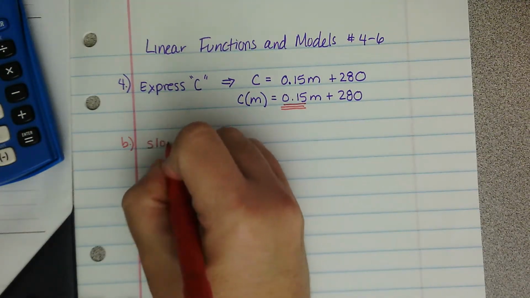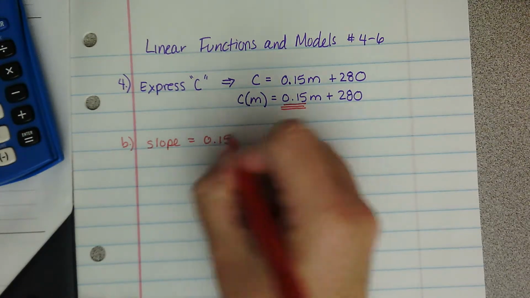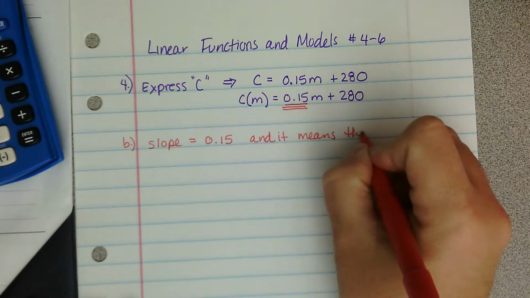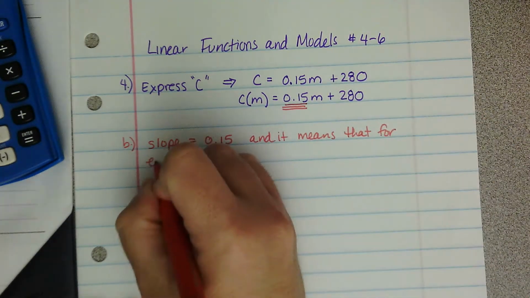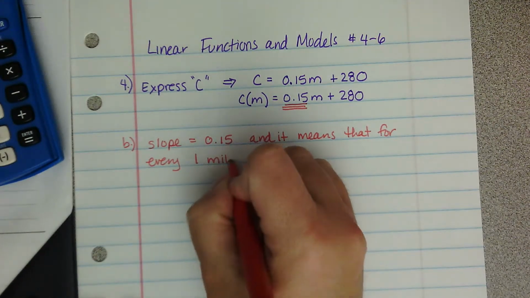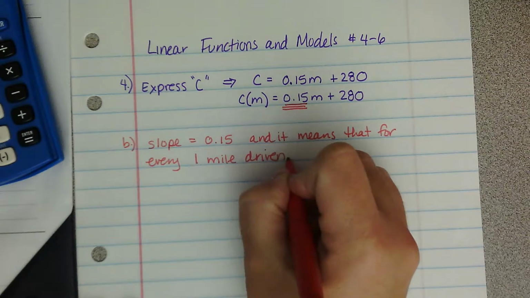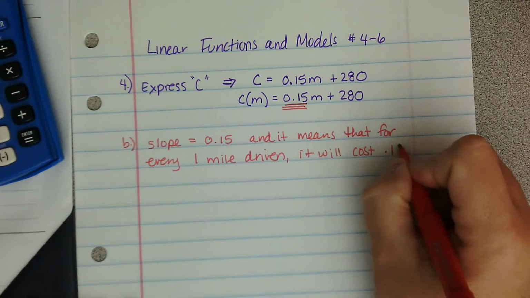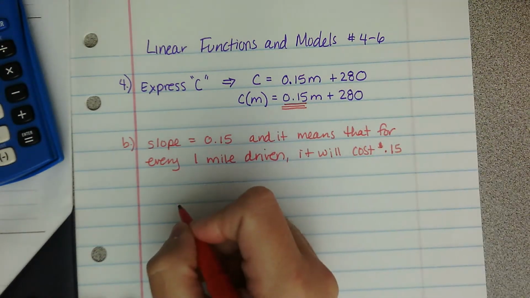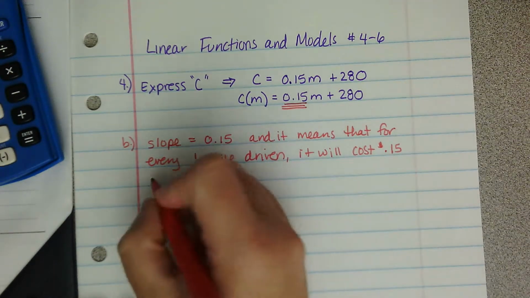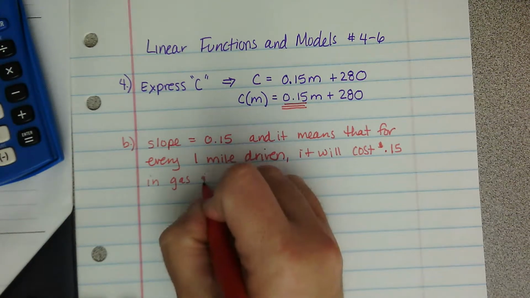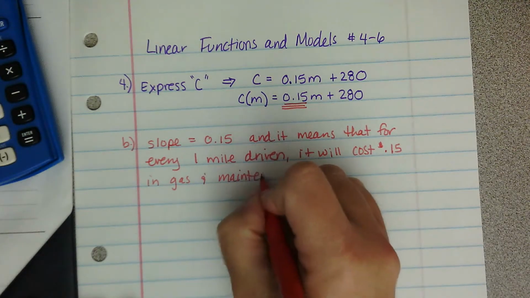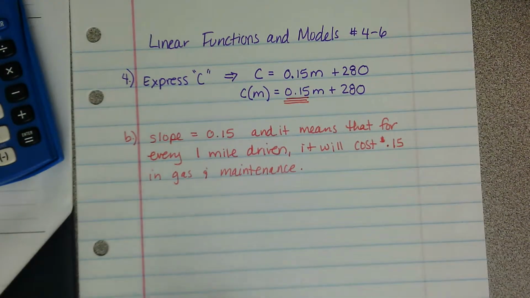So the slope is 0.15, and it means that for every 1 mile driven, it will cost 15 cents in gas and maintenance. That's how you answer the question for 4.